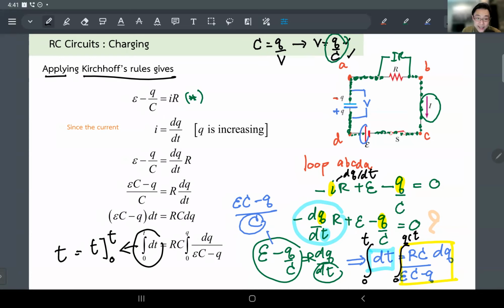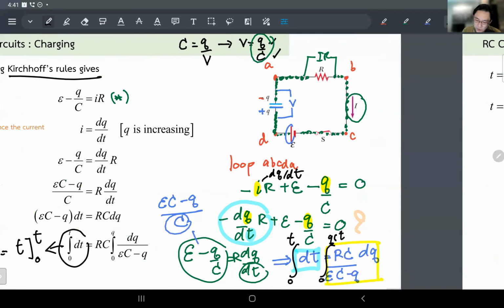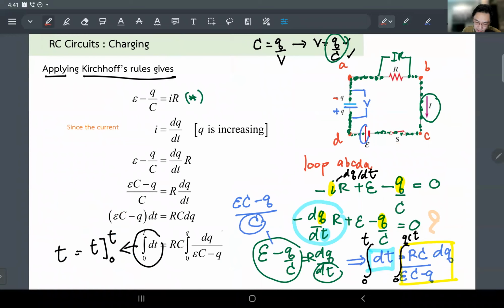All right. The right-hand side is still no big deal. Let me follow the red ink over here. You can have RC here, and I can extract the negative sign out. So it's going to be the integral of 1 over q minus EC dq.